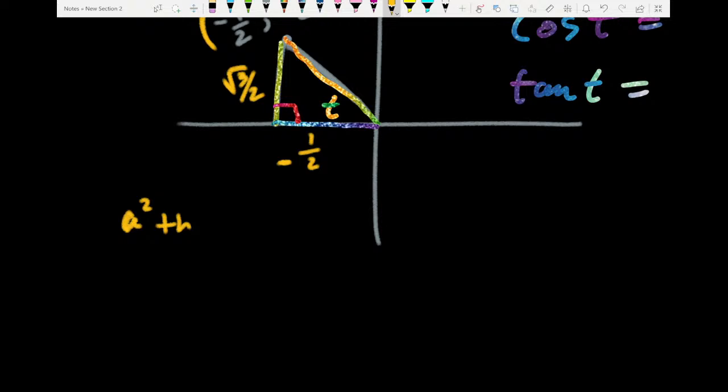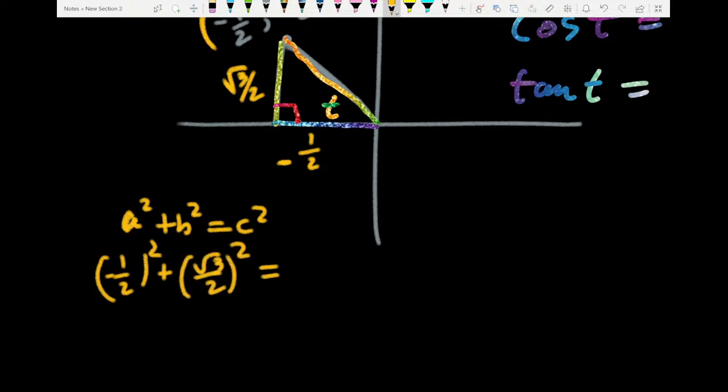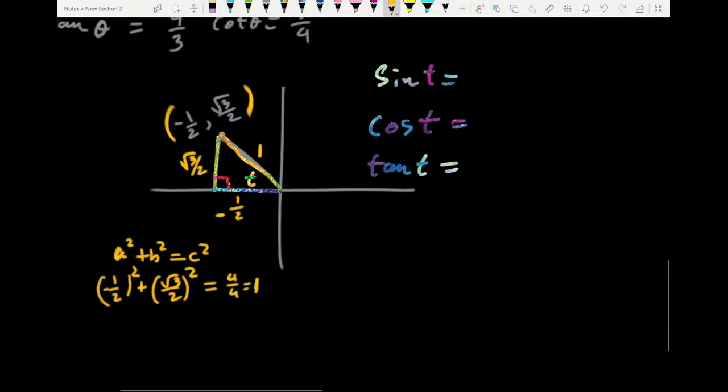A squared plus B squared equals C squared, Pythagorean theorem. So negative 1/2 squared plus the square root of 3 over 2 squared. When you square them and then you add them, you get 4 over 4, which is 1. So this length is 1.